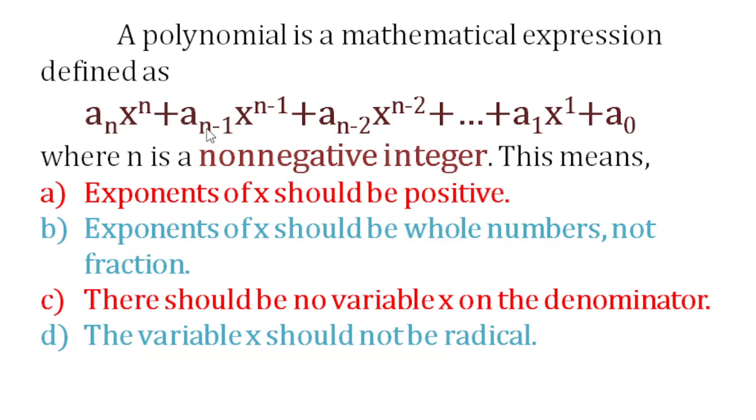Also, a sub n minus 1 means the coefficient of our second term, and n minus 1 is the exponent, which is 1 degree lower than the leading exponent. So if we add equals 0 on this polynomial, it becomes a polynomial equation. Now let's talk furthermore about these 4 points here.